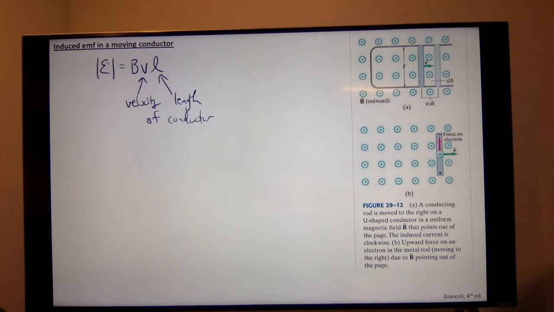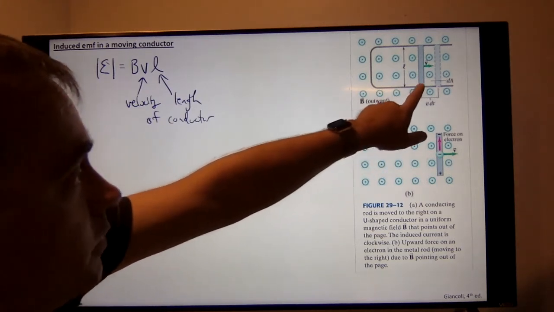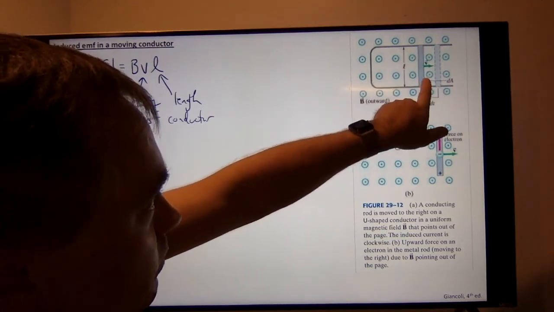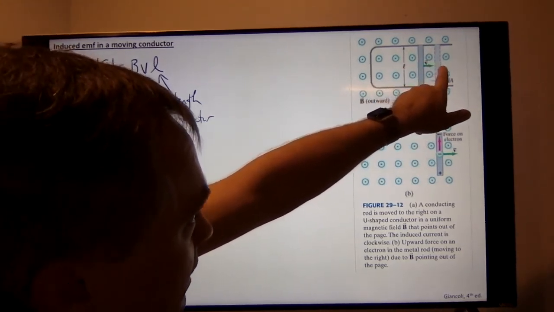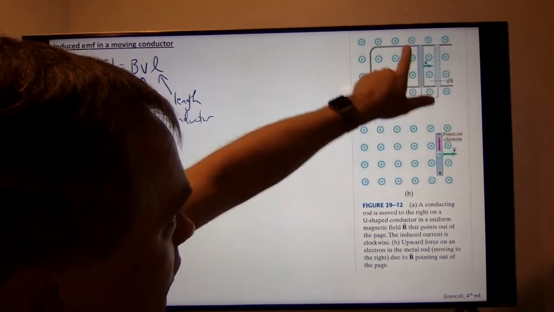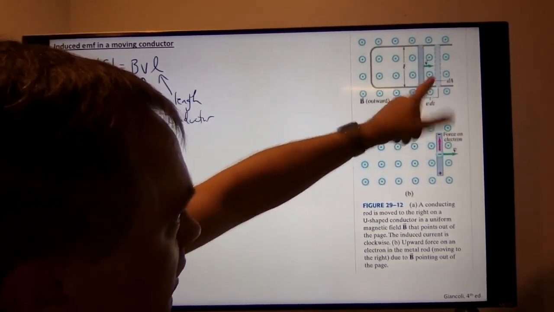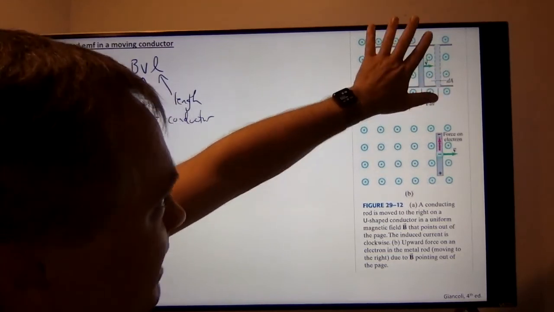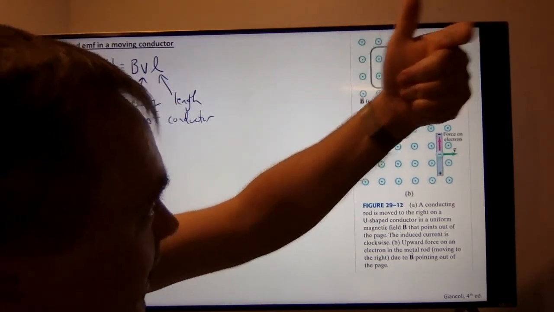Okay, and notice we're illustrating this two different ways in the diagram to the right. In this case, we have a conductor that's moving to the right, and we've got it connected by a loop of wire. You can see the length of the conductor here, and its velocity is to the right. It's sitting in a magnetic field that's pointing at you.